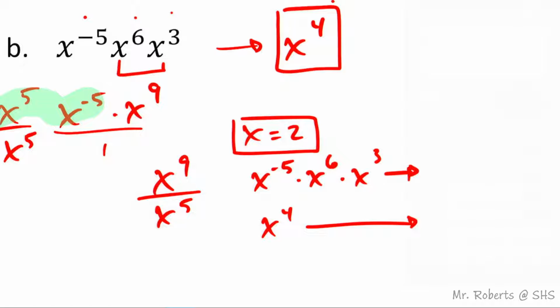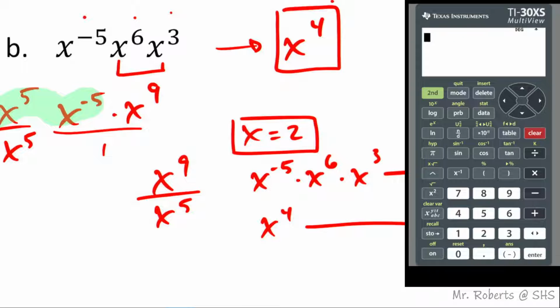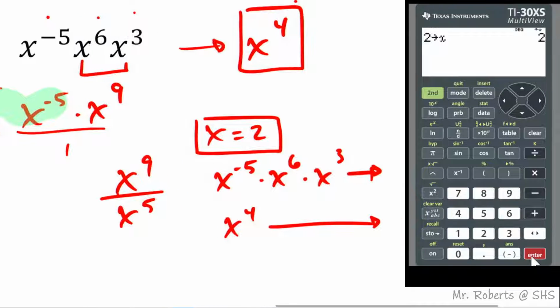Let's go ahead and bring up our TI calculators. Here it is. And I want to store a value of 2 in x. So you just press 2 and then store that in x. Okay, right now my calculator thinks x is 2, which is what I want.